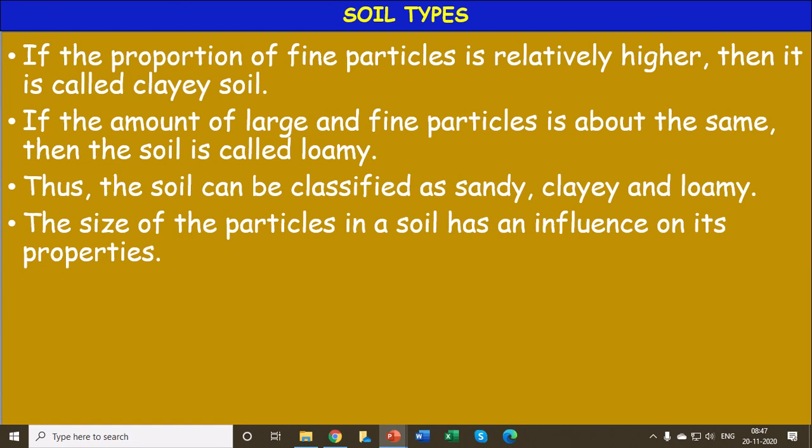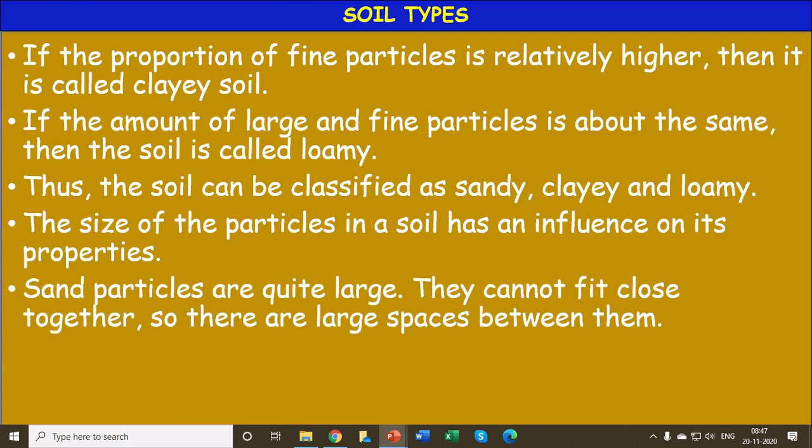The size of the particles in a soil has an influence on its properties. Especially the properties of the soil depend upon the size of the particles in a soil. The sandy particles are quite large in size.